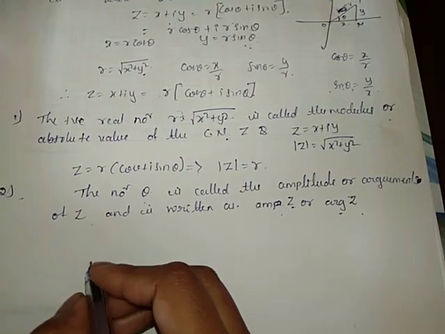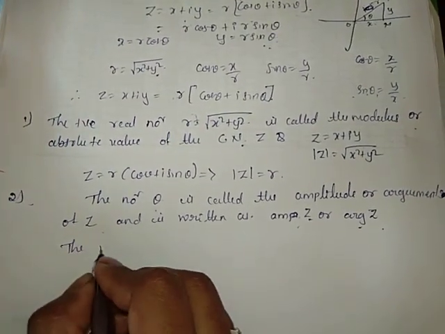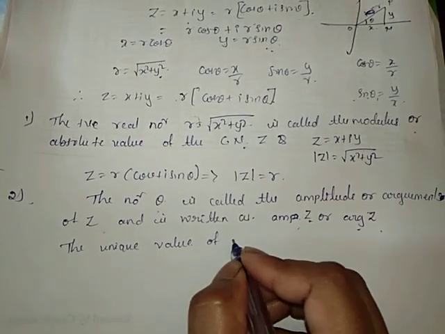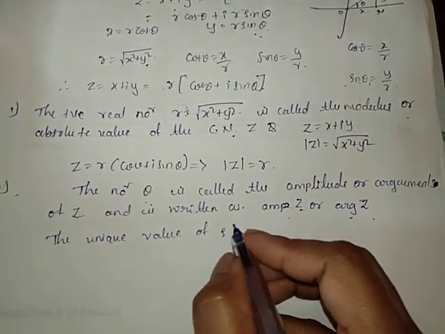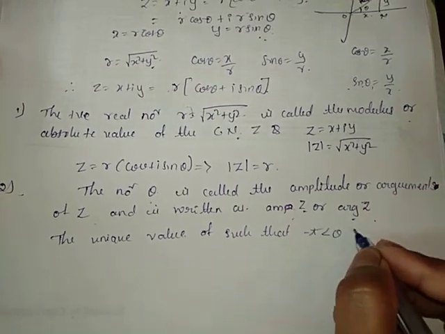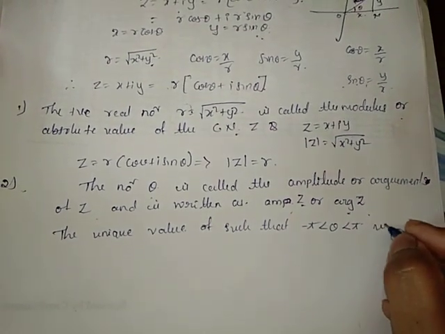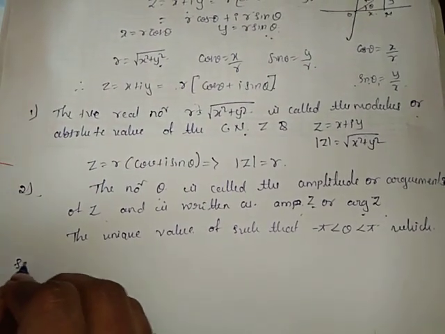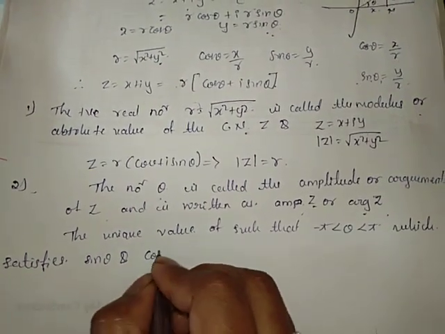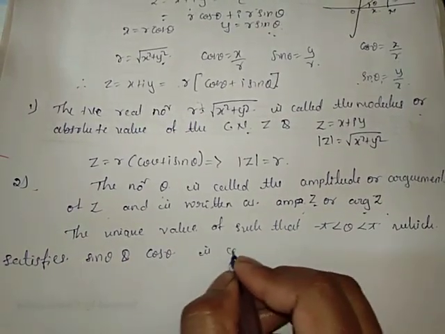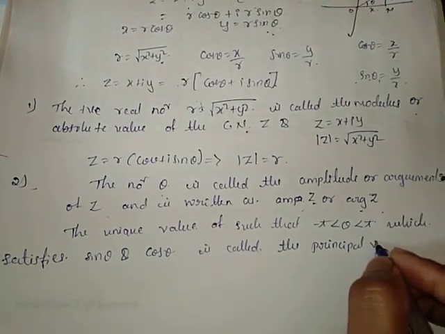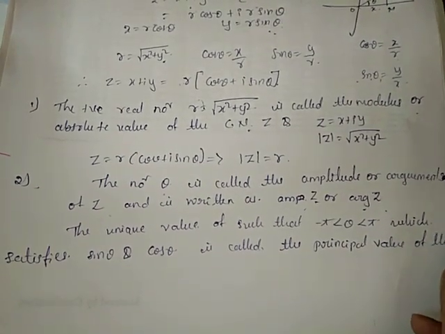Now the unique value of theta such that theta is greater than minus pi and less than pi, which satisfies sin theta and cos theta, is called the principal value of the amplitude.